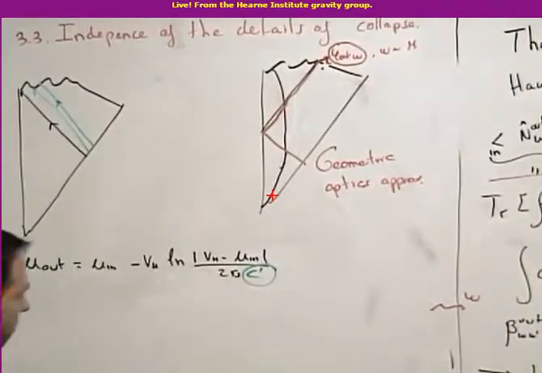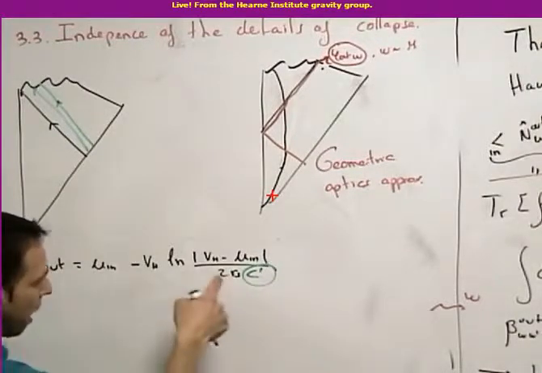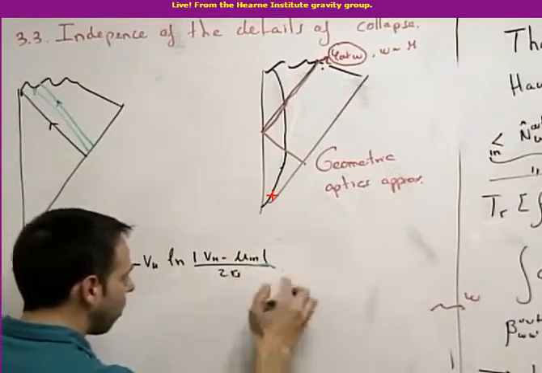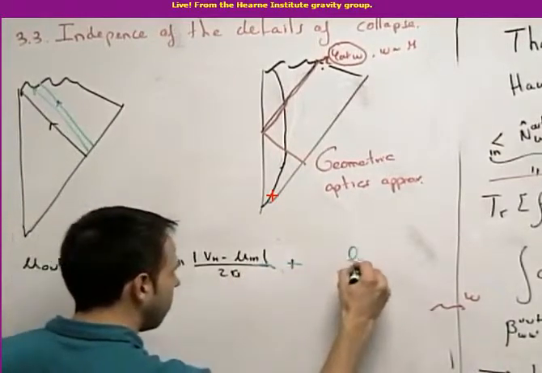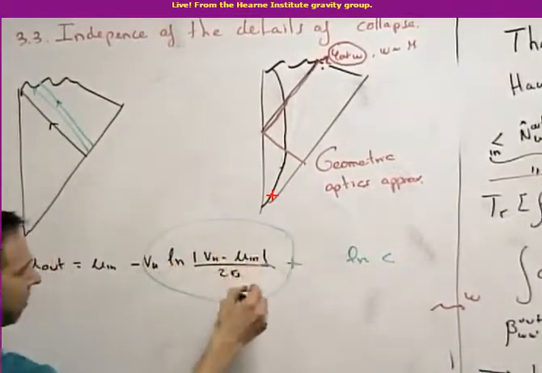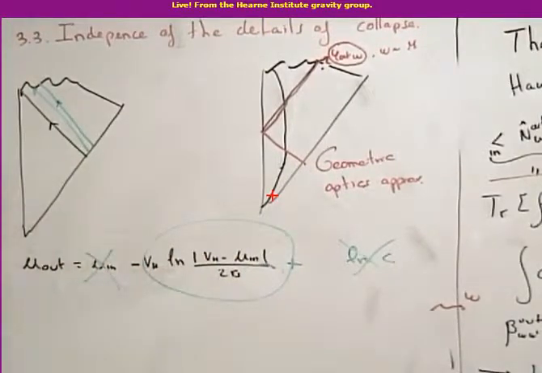So at late times, because you can always use the logarithm to change this by something proportional to the logarithm of c. And at late times this is huge, so this is going to be negligible. So let me say it again.